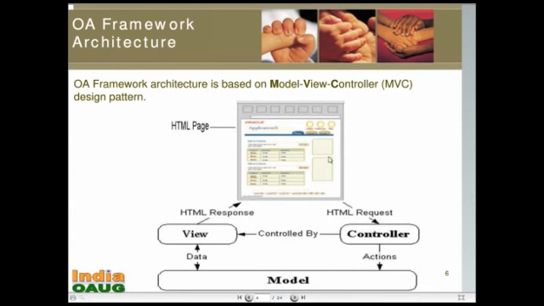For example, you have developed a page which is not connected with the database. That page is not retrieving data from a table; it is just for displaying some information. Then it is shown through the view only. When you are connecting with the database, then it goes to the model.